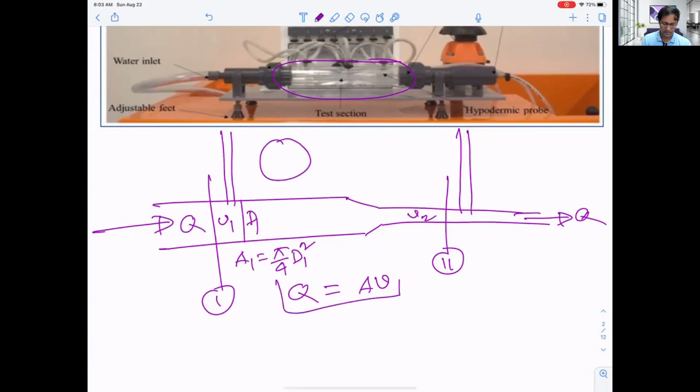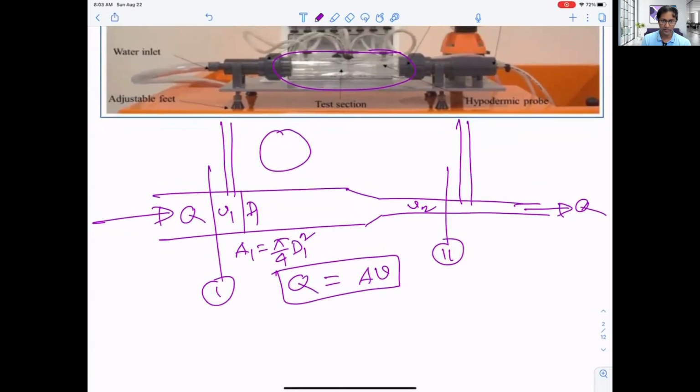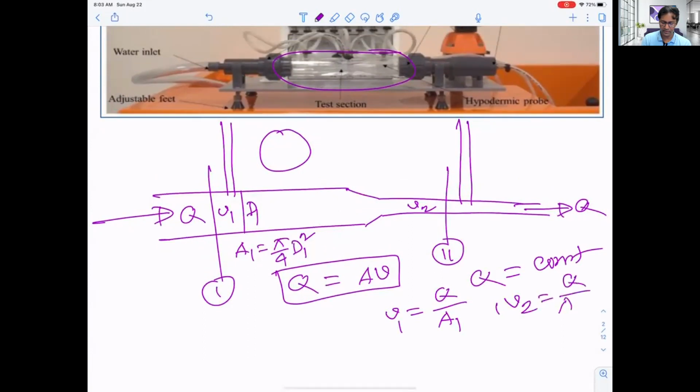That is the continuity equation, AV. If we consider Q constant everywhere, then V is Q over A. So V1 will be Q over A1 and V2 will be Q over A2.